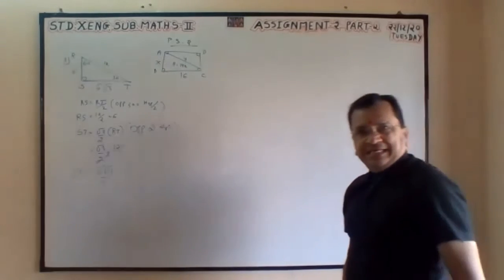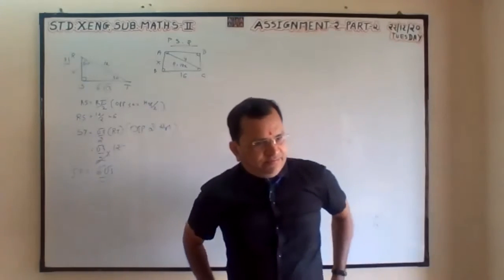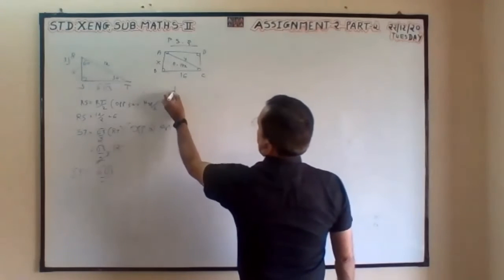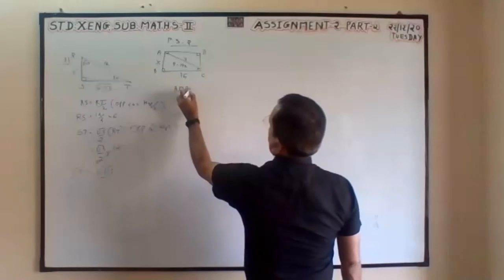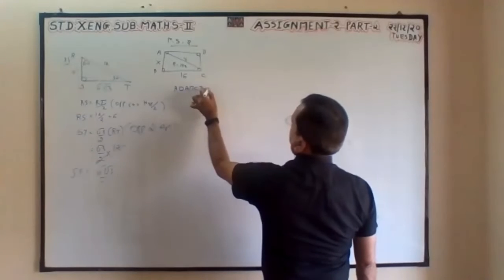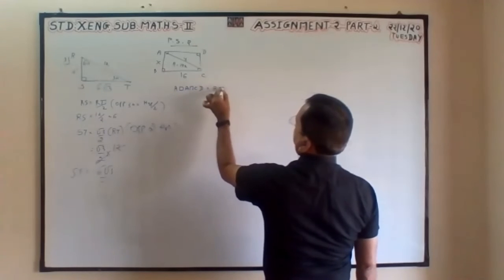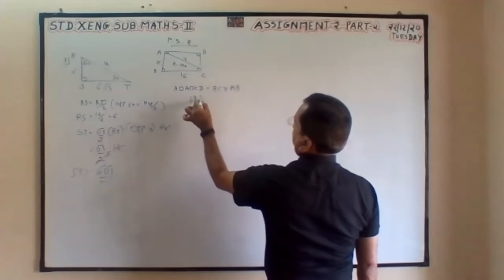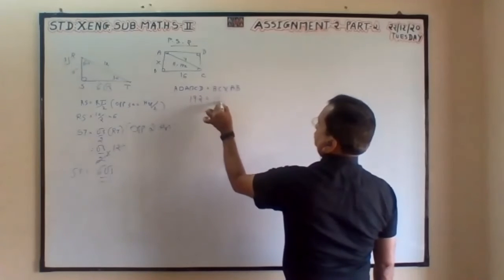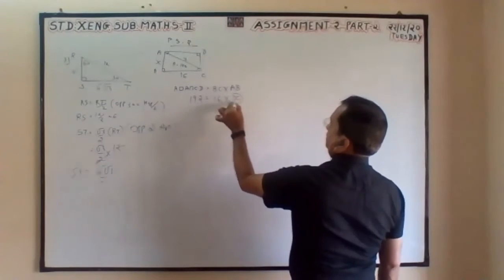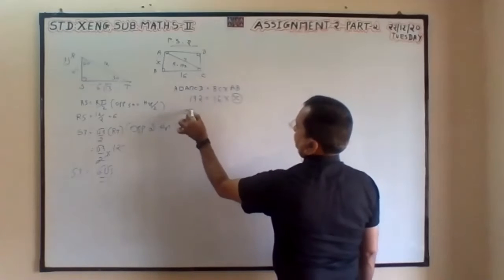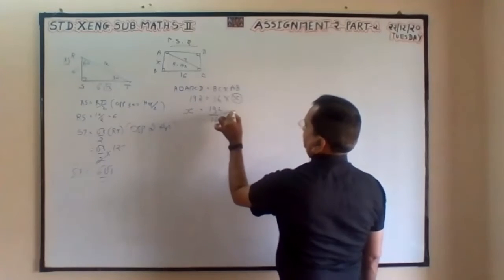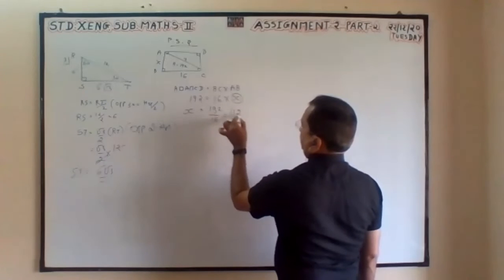So area of quadrilateral ABCD is equal to base into height. So 192 is equal to 16 into x. So x is equal to 192 divided by 16. 16 ones are 16, 16 twos are 32... so it is 12.